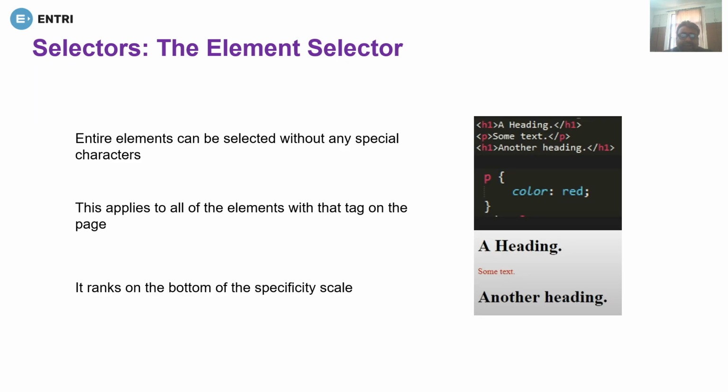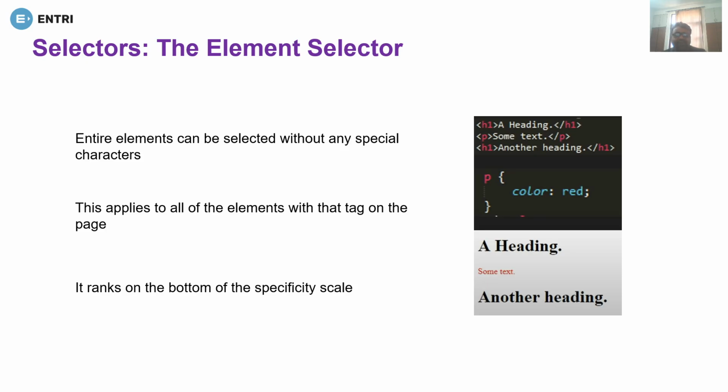Now, it ranks on the bottom of the specificity scale. Now, what is the specificity scale? For example, if I specify an element selector and then overwrite it with a class selector or an ID selector, then the class or ID selector will be used rather than the least specific one, that is the element selector.